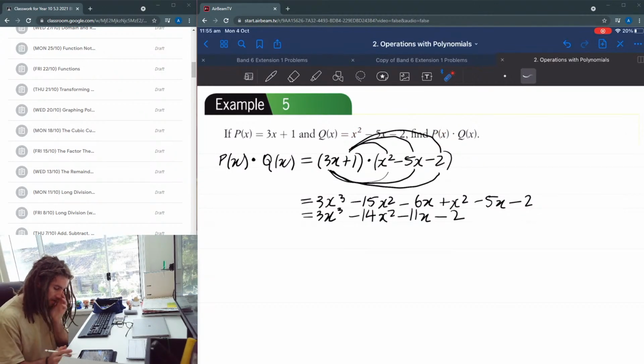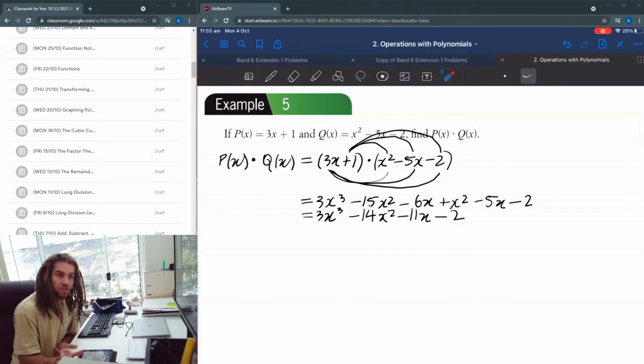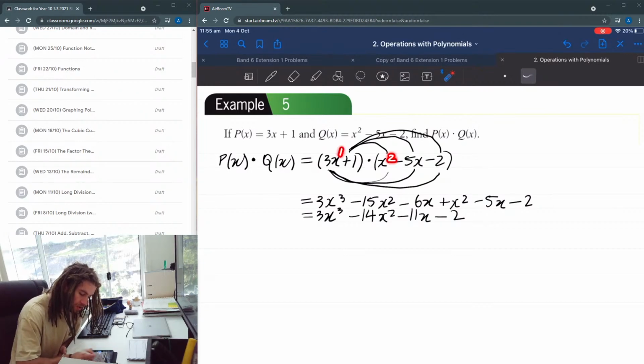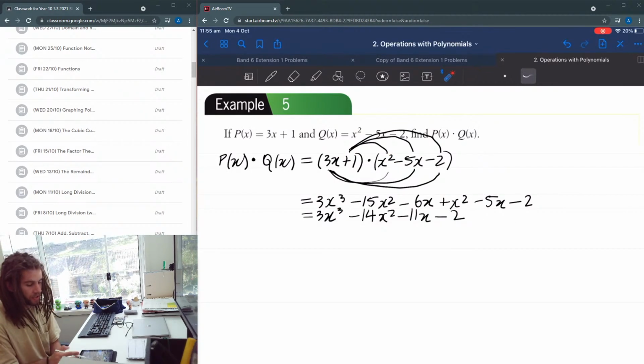The second thing is to look at the highest degrees of each polynomial. The degree here is 1, and the degree here is 2. If you add those, that should be the degree of the product. So I've got a 1 here, a 2 here, and 1 plus 2 is 3. My product has a degree of 3. That's another check to quickly verify that your answer makes sense.